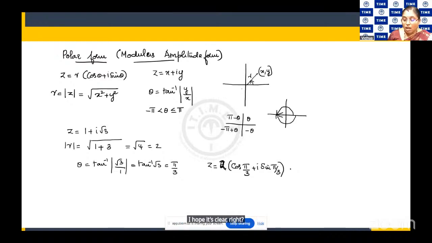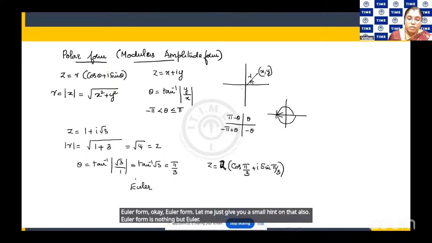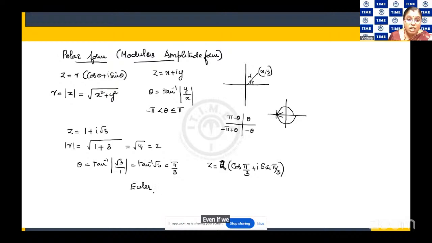Now, there is one more form which is called Euler form. Let me give you a small hint on that also. The spelling is E-U-L-E-R. Euler form is r into e raised to i theta, where e raised to i theta is nothing but cos theta plus i sin theta.